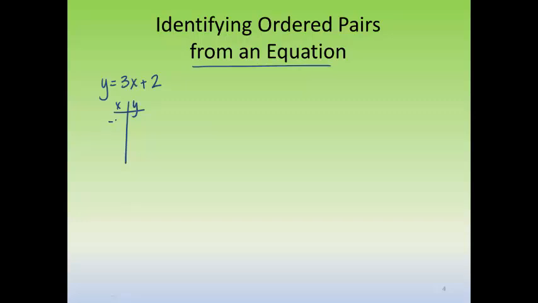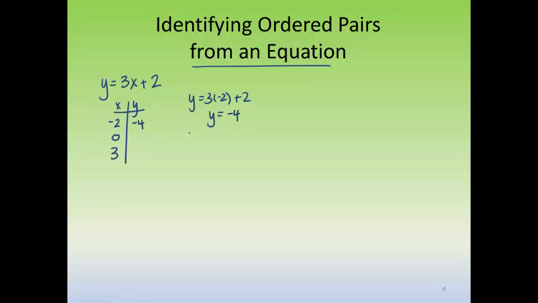And I would choose a negative x value, maybe a 0, and also a positive x value. And I would substitute these x values into my equation for x to find the y value. So I'm trying to find the y that matches that x. So if I were to substitute the negative 2, this would be negative 6 plus 2, so y would equal negative 4.